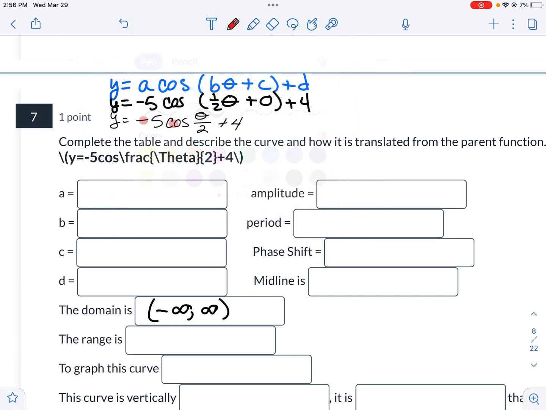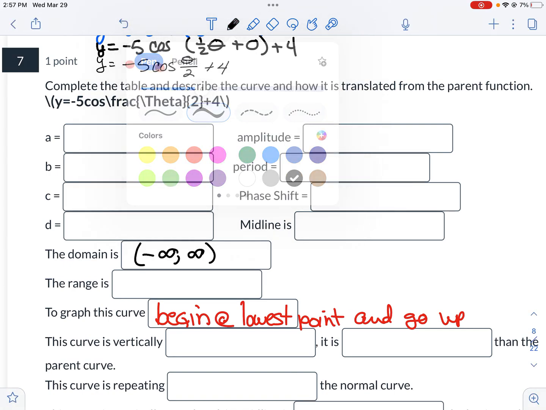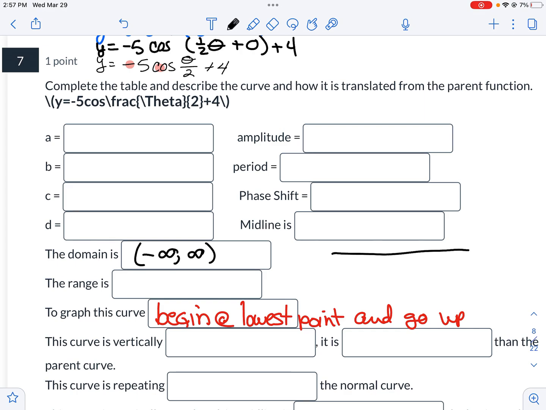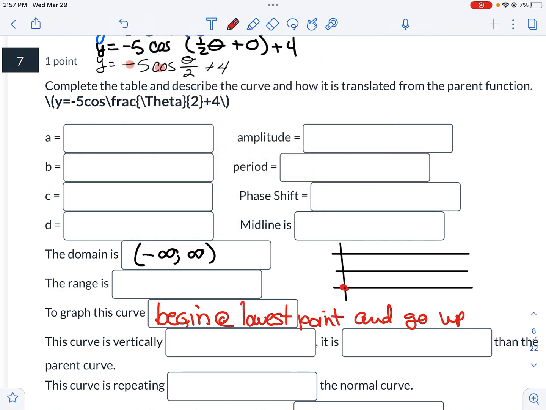So it is going to graph this curve, begin at the lowest point, and go up. So if this was the highest peak, this was the midline, and this was the lowest, and this is the y-axis, then we would begin here at the lowest point.